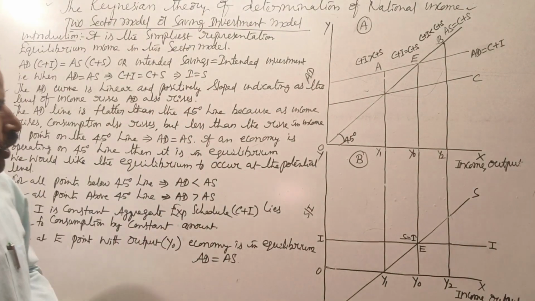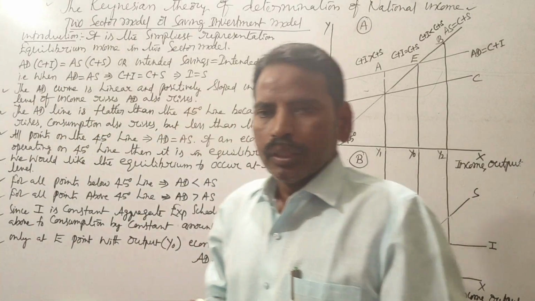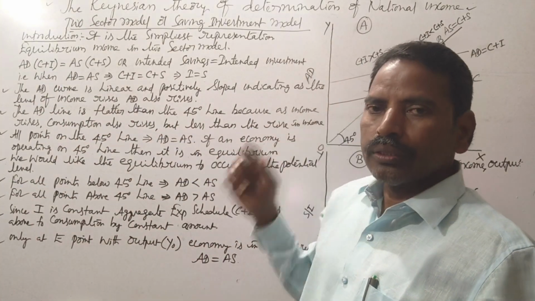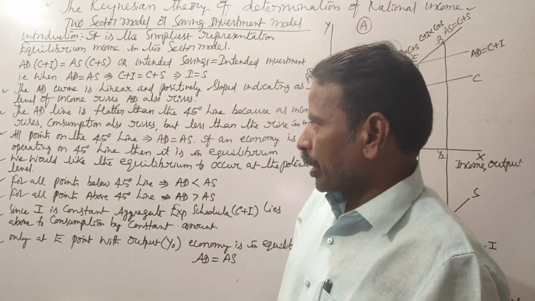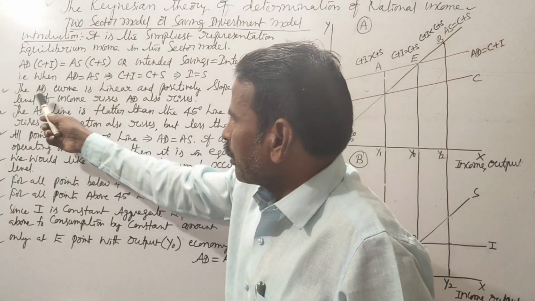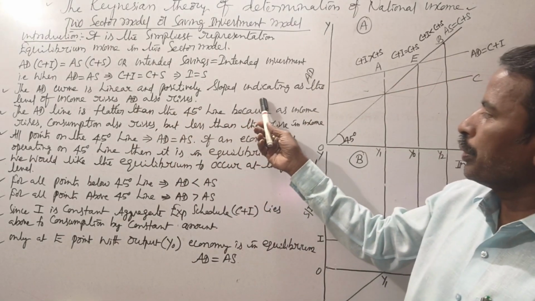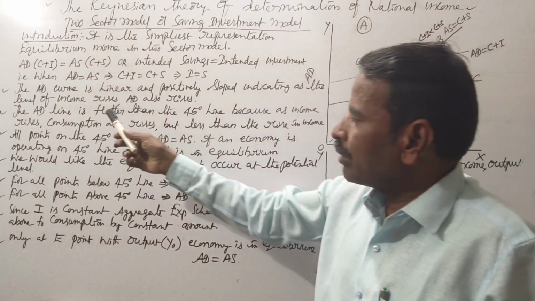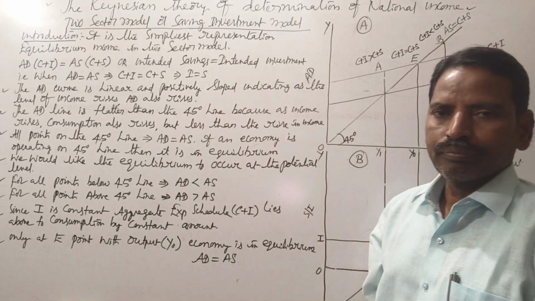Right. We will examine point by point. Regarding this aggregate demand and aggregate supply model, the demand curve is linear and positively sloped, indicating that as the level of income rises, AD also rises.